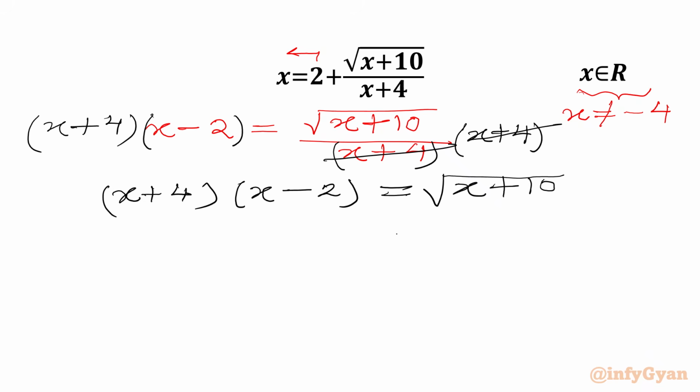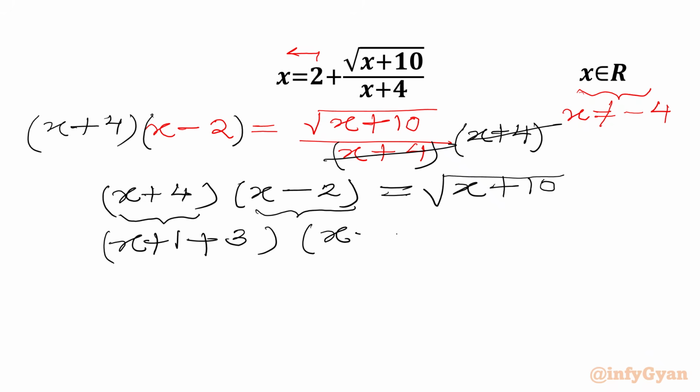Now we will use some algebraic manipulation steps. X plus 4 can be written as x plus 1 plus 3, and x minus 2 can be written as x plus 1 minus 3. In right hand side we will write square root x plus 10 in terms of x plus 1 would be x plus 1 plus 9.